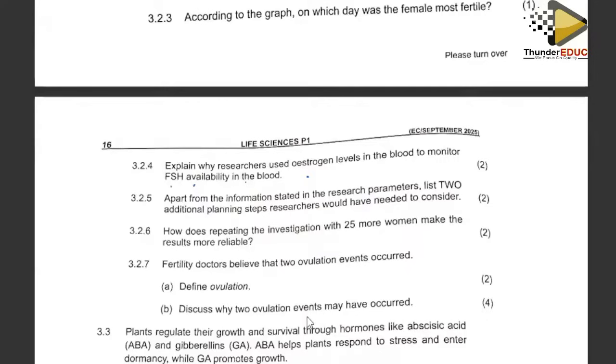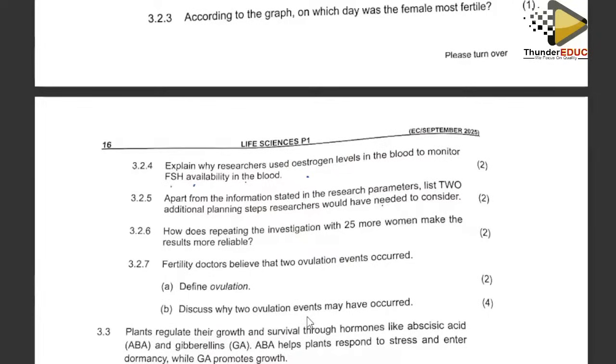Apart from the information studied in the research parameters, list 2 additional planning steps the researcher would have needed to consider. In this case, what are they looking for?